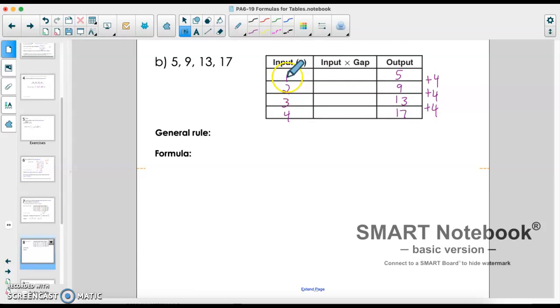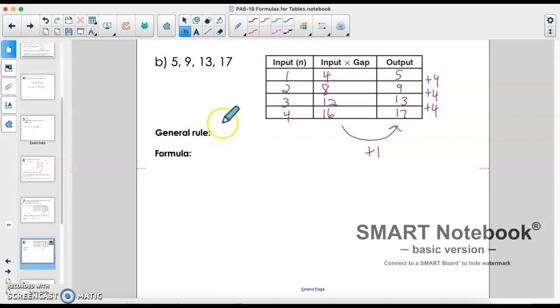So multiply the input times the gap. So 1 times 4 is 4, 2 times 4 is 8, 3 times 4 is 12, and then 4 times 4 is 16. Then look at what I have to add or subtract to get from this number to the output, and in this case it's plus 1, right?